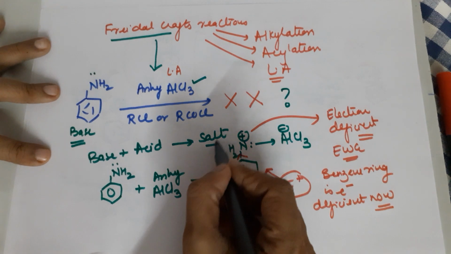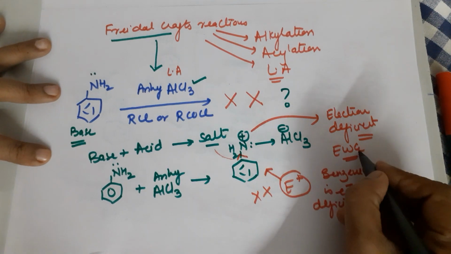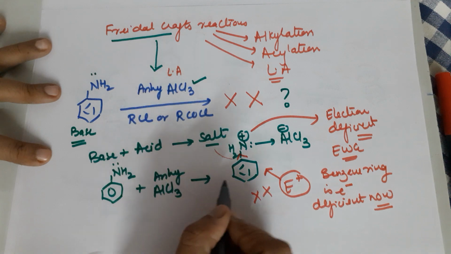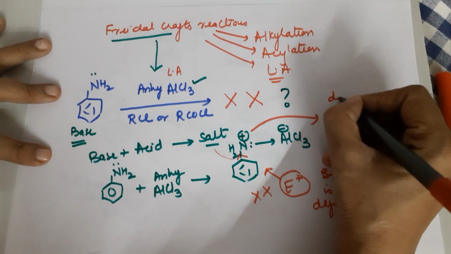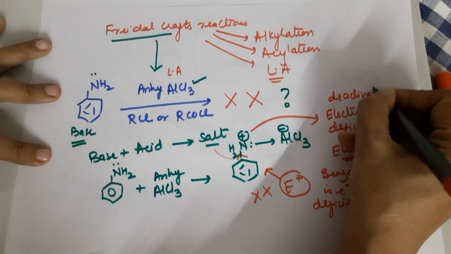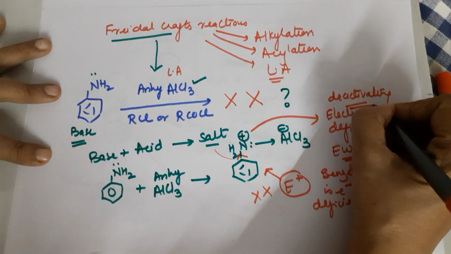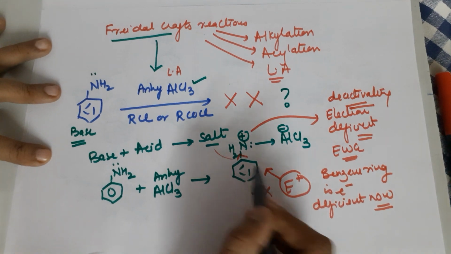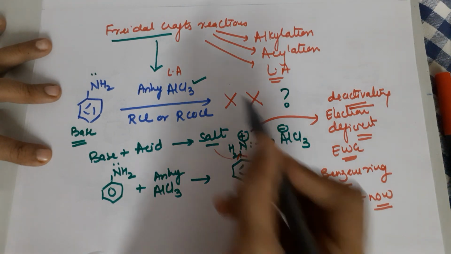Why? Because this group is an electron withdrawing group. वो इलेक्ट्रॉन अपनी तरफ खींच लेगा, therefore it acts as a deactivating group. और अगर ये deactivating है तो इलेक्ट्रोफाइल को तो इलेक्ट्रॉन चाहिए ना. अगर ये इलेक्ट्रॉन खींच लेगा तो इलेक्ट्रोफाइल के लिए इलेक्ट्रॉन है ही नहीं, so no reaction.